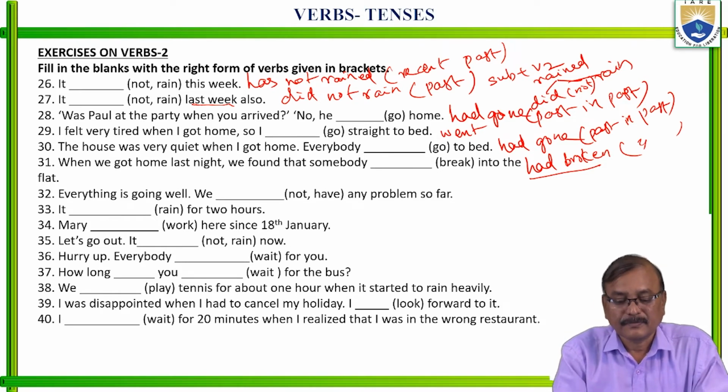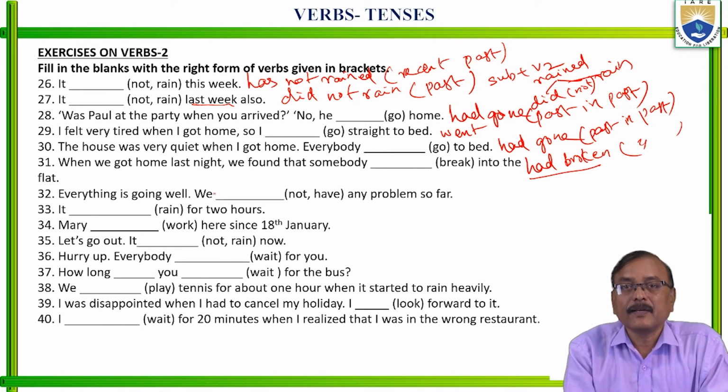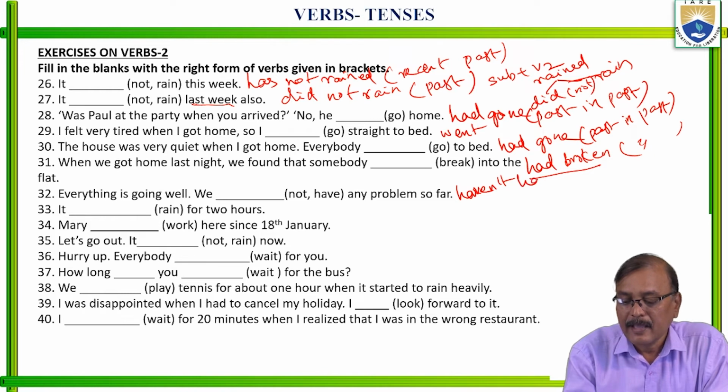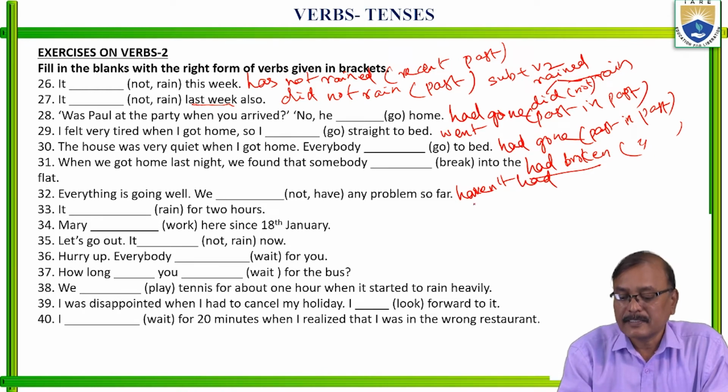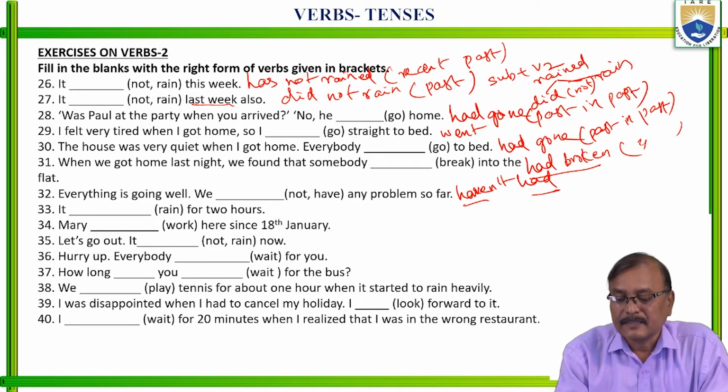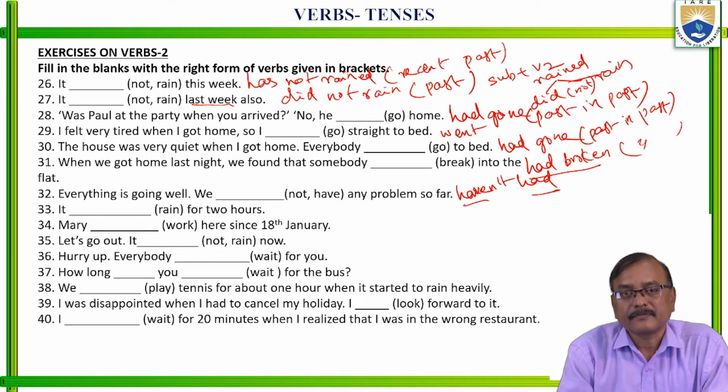Next, everything is going well. We haven't had any problem so far. This is present perfect. So far, yet, still, like that, indicate present perfect in negative sentences.